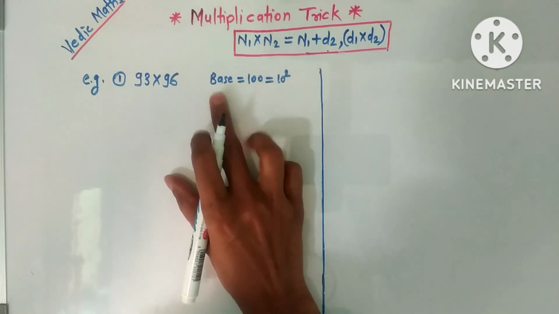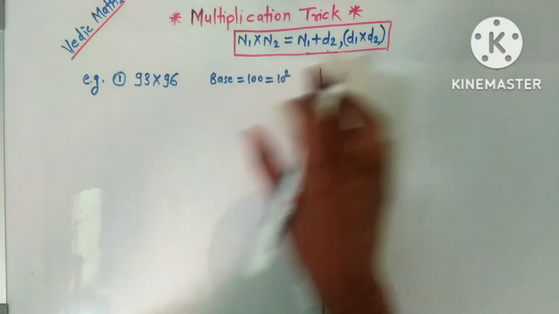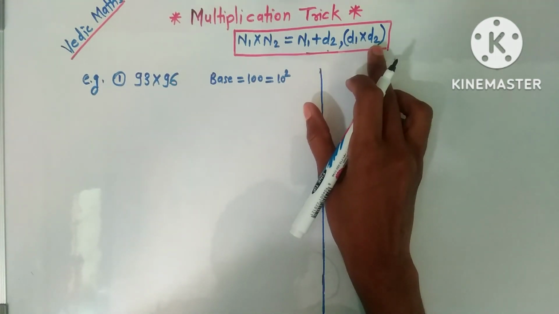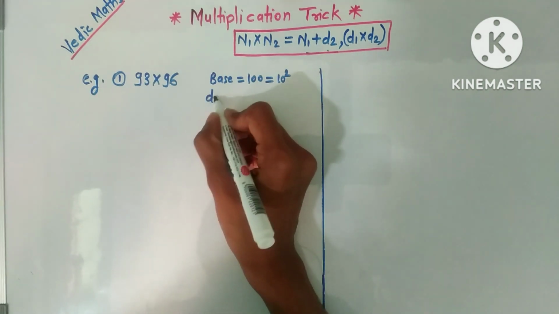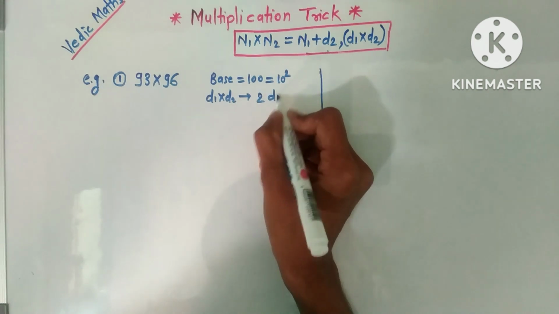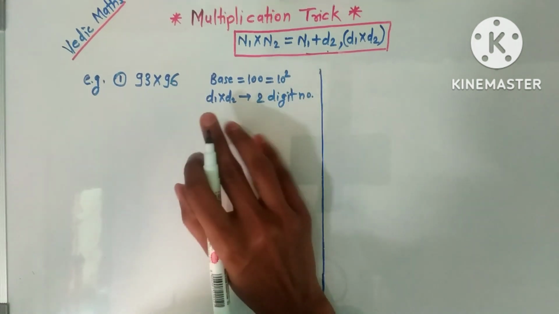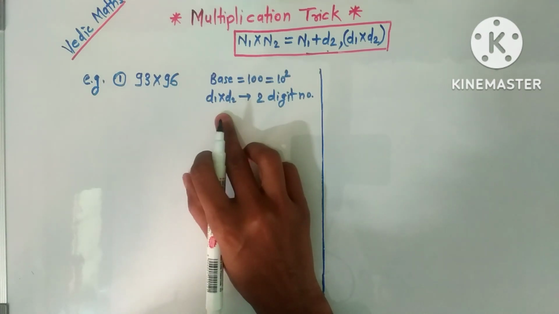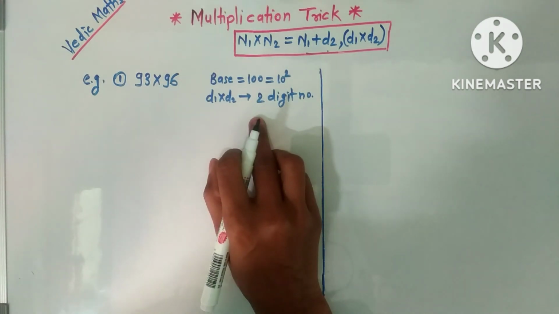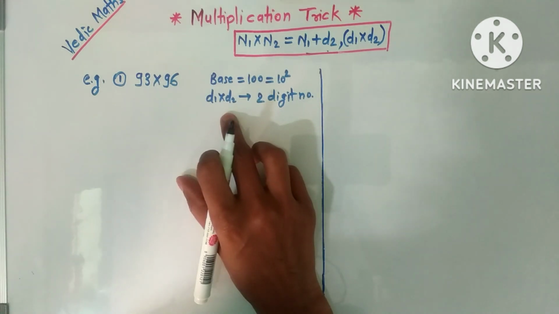When we consider the base as 100, the product d1 into d2 should be a 2-digit number. If that product d1 into d2 is not a 2-digit number, then we have to adjust it into a 2-digit number.